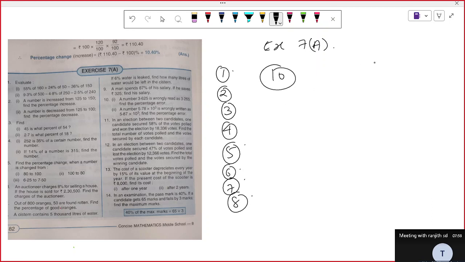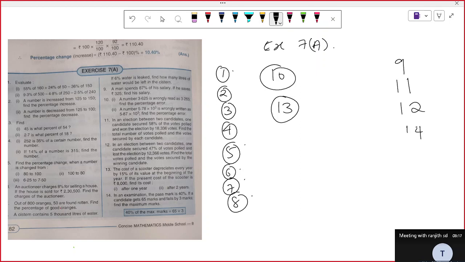Okay, 11th, 9, 11, 12. We'll do the 13th question, about an examination, 40%.